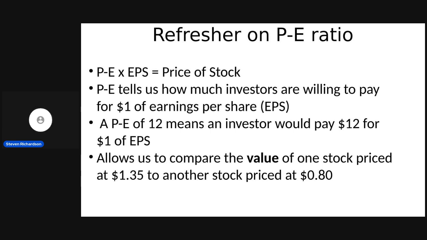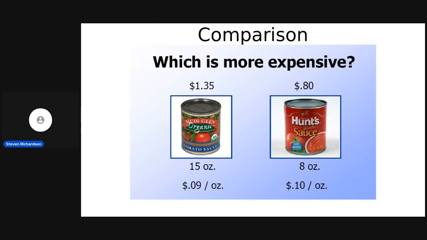It allows us to compare the value of one stock, let's say it's priced at $1.35, to another stock priced at 80 cents. So I've got an analogy here. Got a large can, 15 ounces, that's $1.35. A smaller can, 8 ounces, not quite, a little bit more than half the volume, is 80 cents. So which is more expensive?